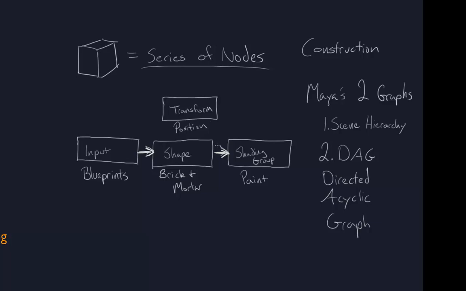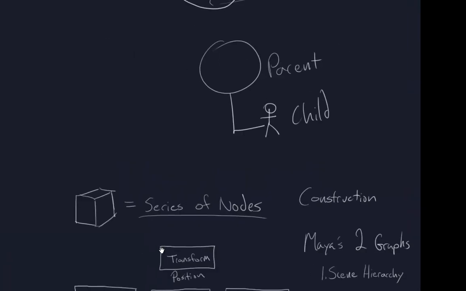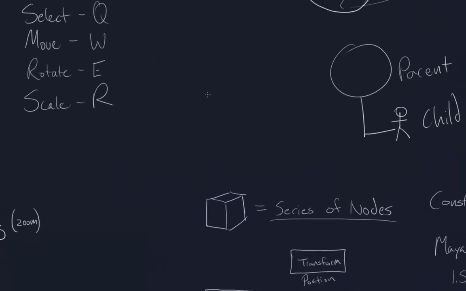It's acyclic because you can't have a cycle, meaning, and I'm just going to keep this very general. I got a little carried away with this in the previous class where I tried to teach this, but we'll keep it very, very basic. If I have two spheres in my scene, and I tell the translate y, which moves up and down, of this sphere to affect the translate y of this sphere, that's fine.